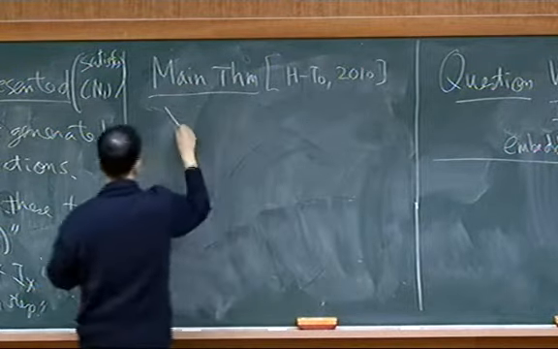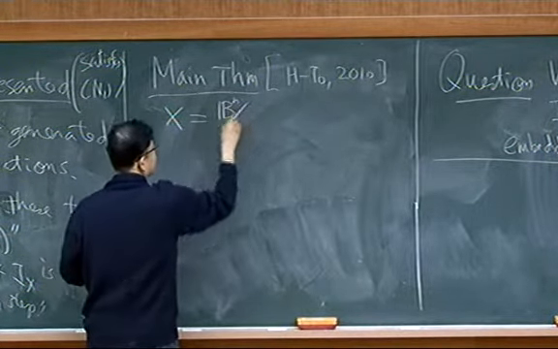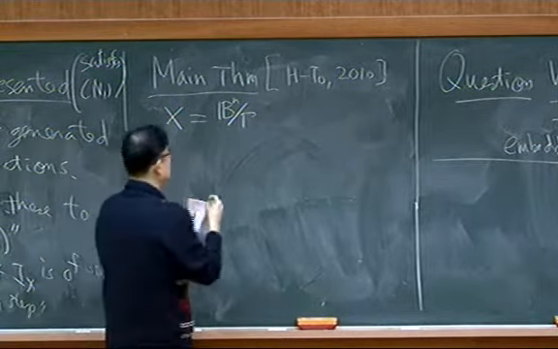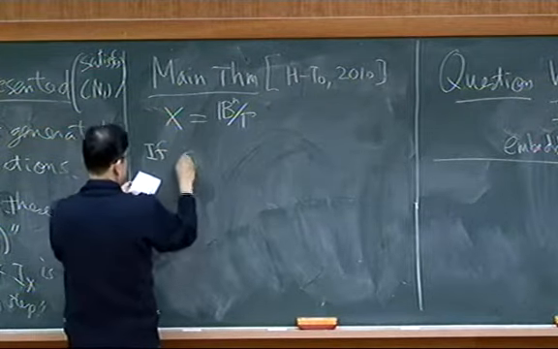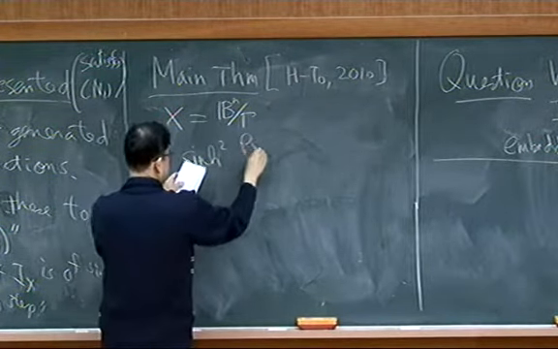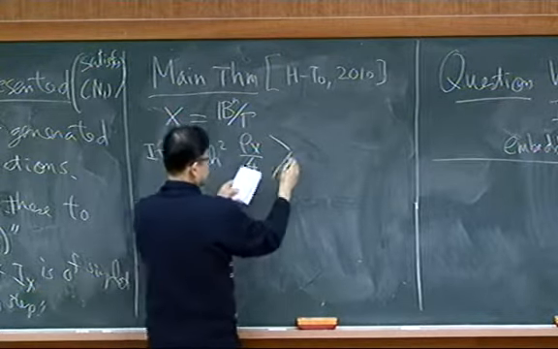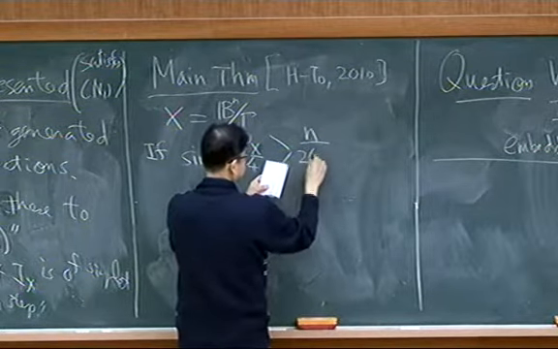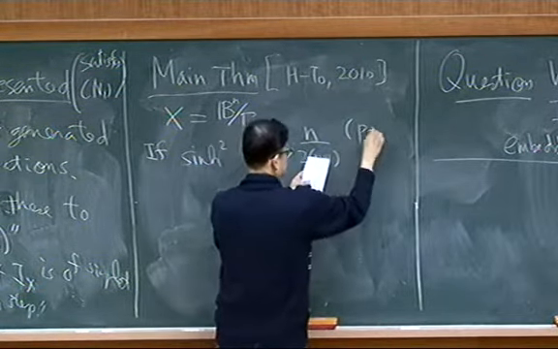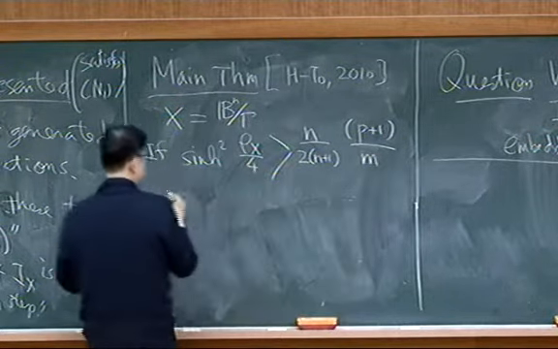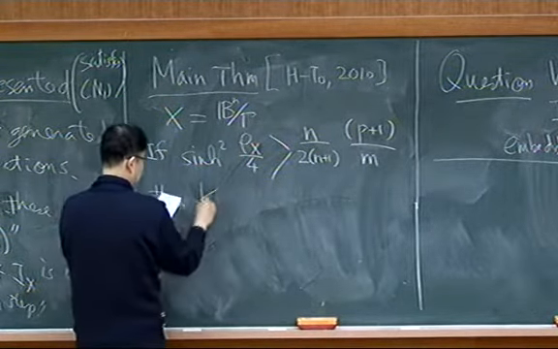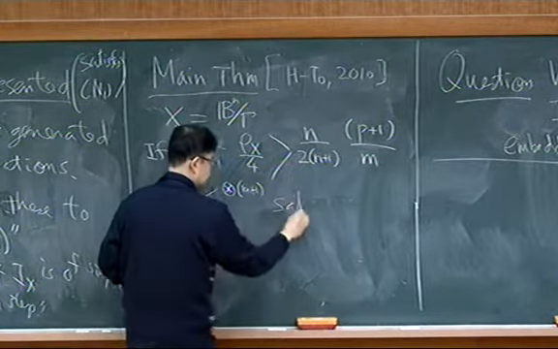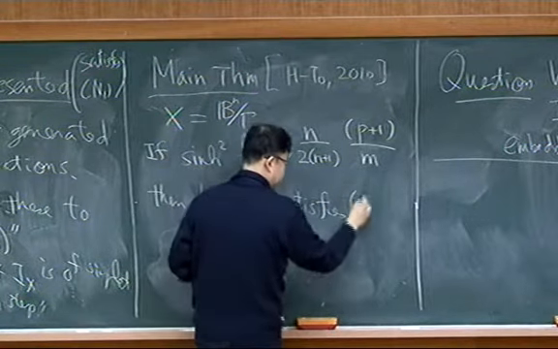Now here X is a projective complex hyperbolic manifold, and if this is bigger than the bound, then K_X tensor m plus 1 satisfies NP.